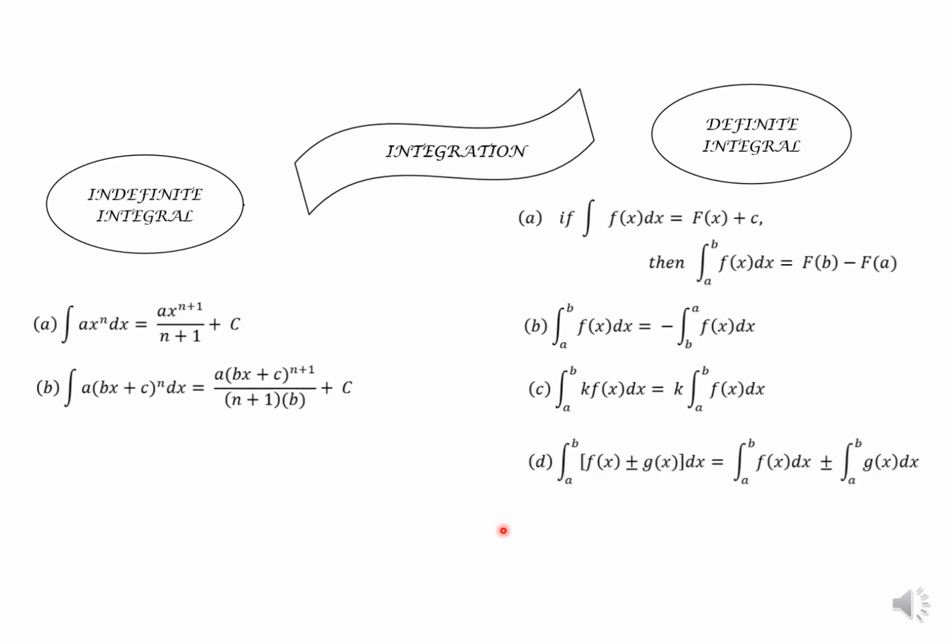Integrate from a to b of function f plus minus function g with respect to x can be written separately as integrate from a to b of function f with respect to x plus minus integrate from a to b of function g with respect to x.